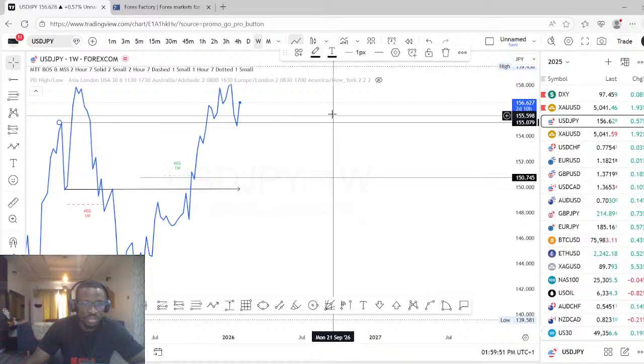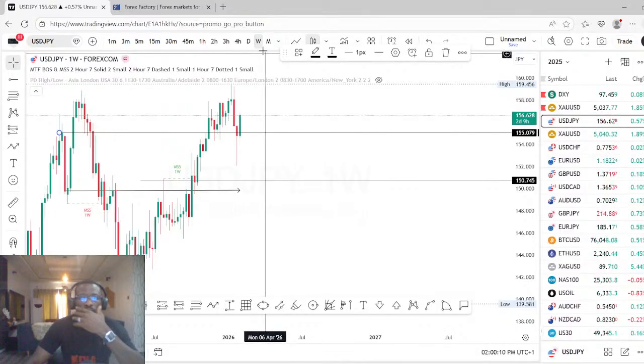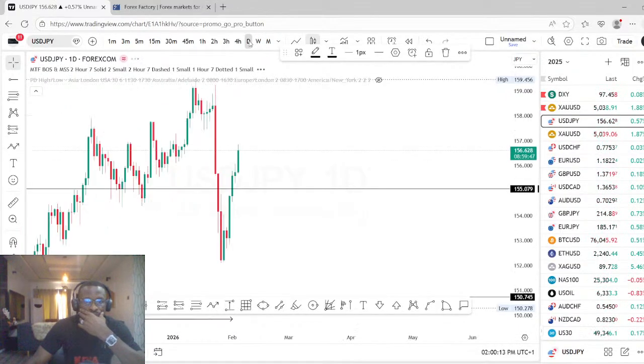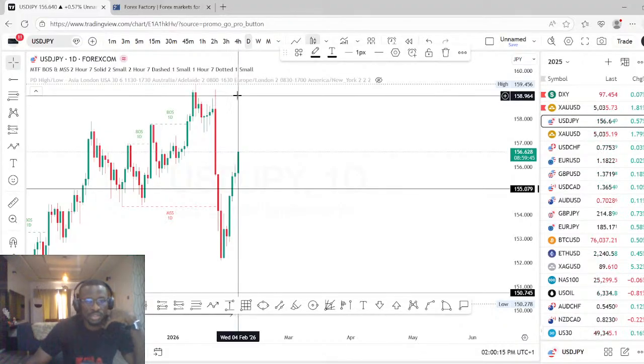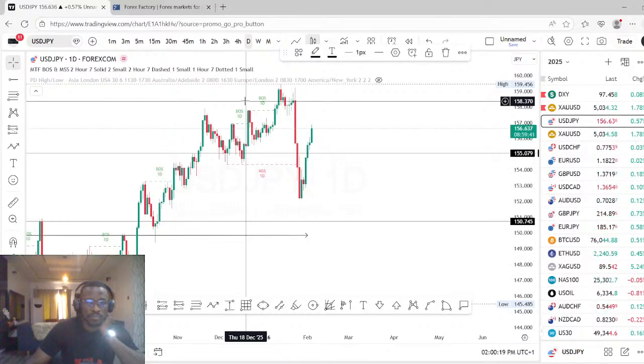So on the daily time frame, we will be looking for more buy opportunities. So this is the daily time frame.